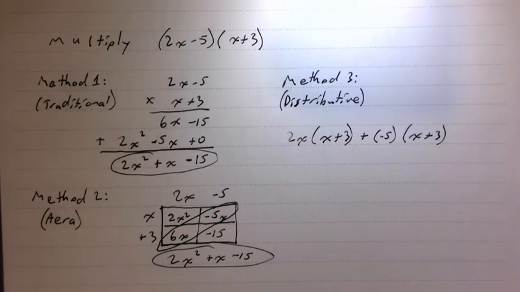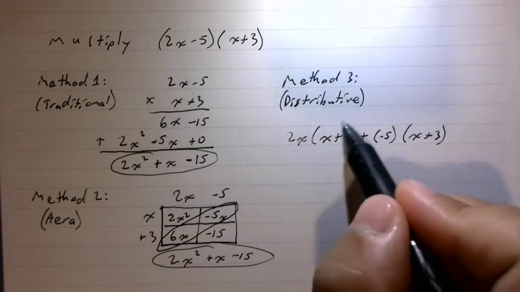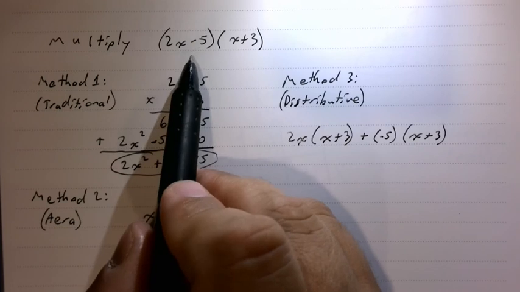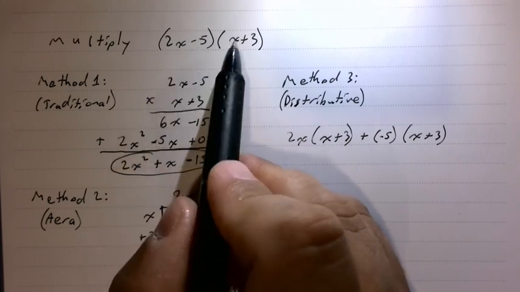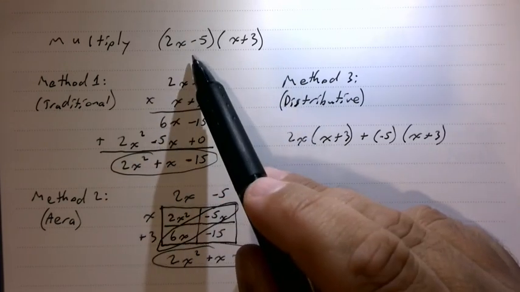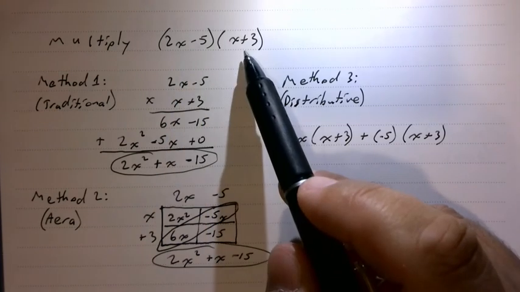And I call this the extended distributive property because I'm not just distributing one term to a polynomial, rather two terms, or multiple terms for that matter, to the polynomial, so that everything in the first is multiplied by everything in the second.